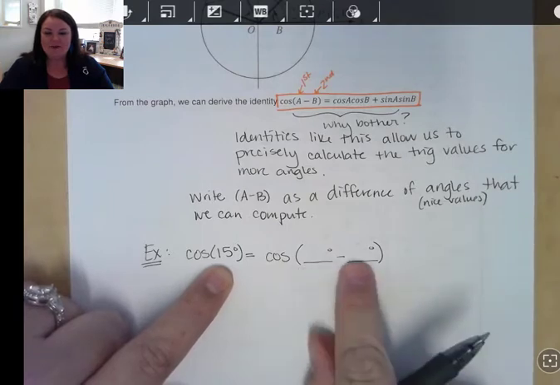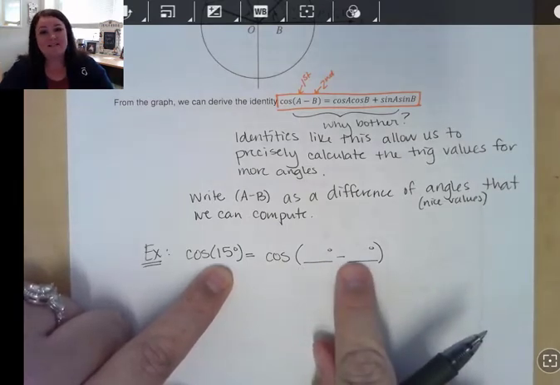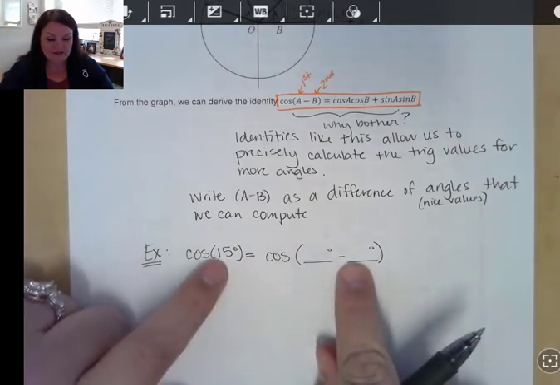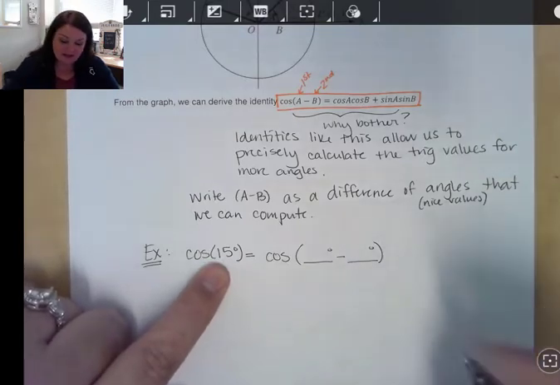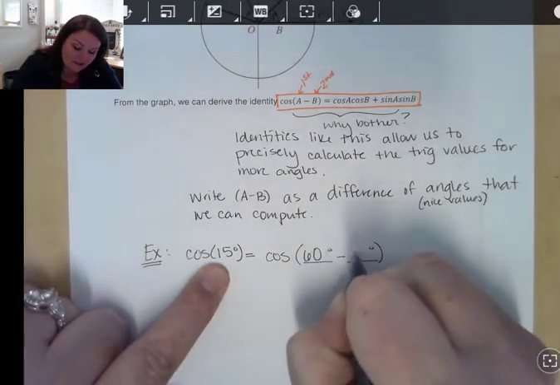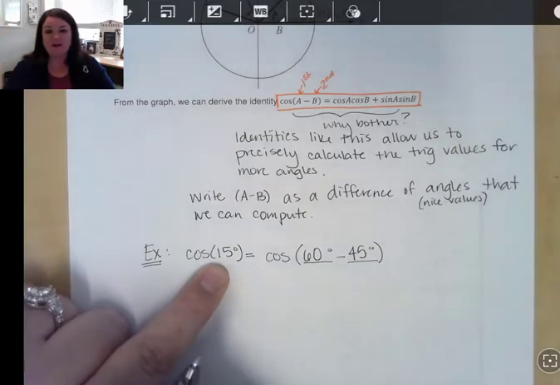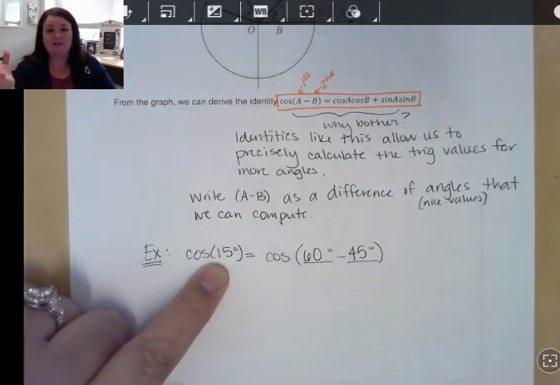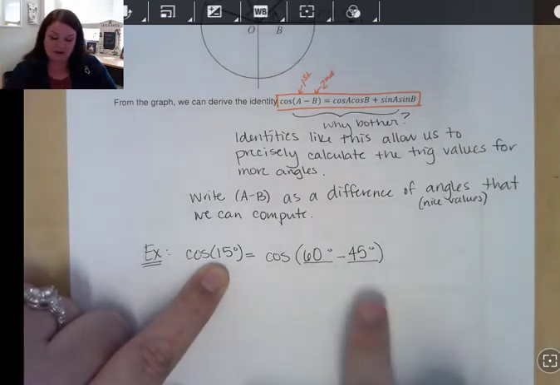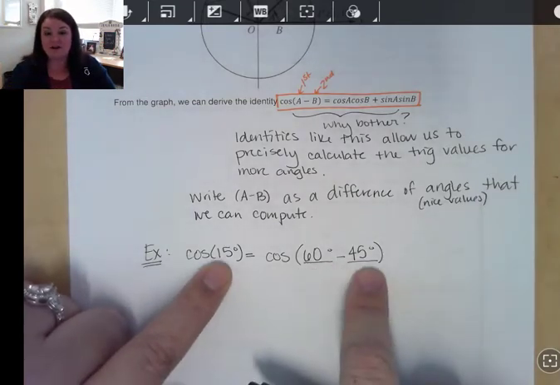So do I know two nice pretty angles that when I subtract them give me 15 degrees? I do. I could use 60 degrees and 45 degrees, because 60 has nice pretty trig values since we have a reference triangle for it. Same thing with 45, and 60 minus 45 is 15.